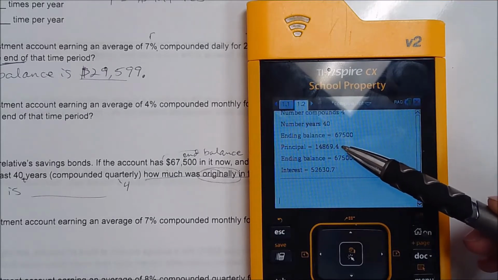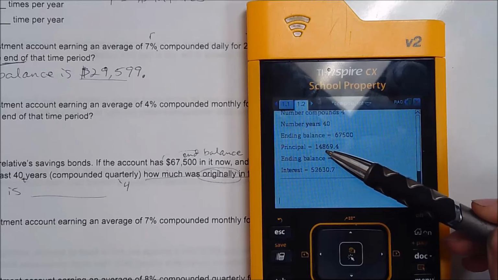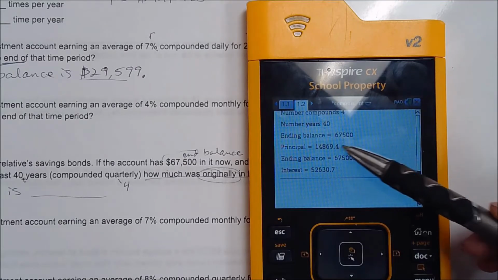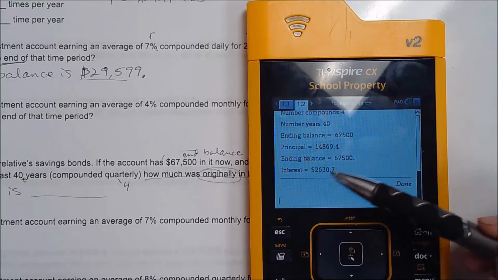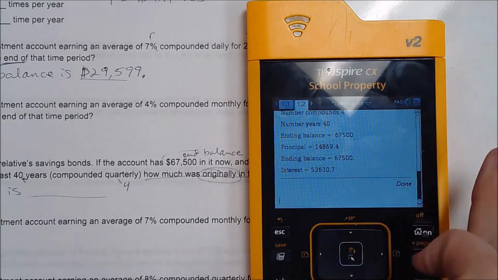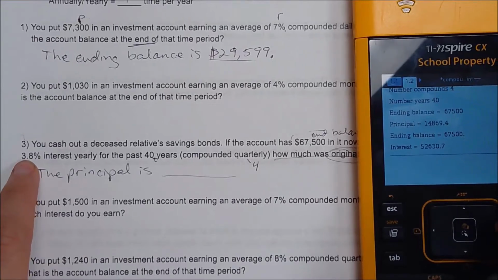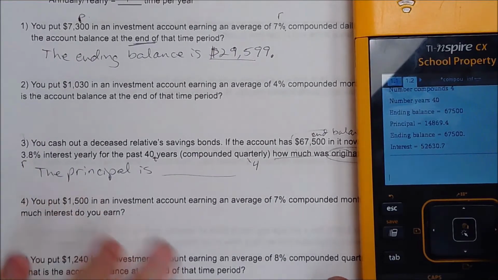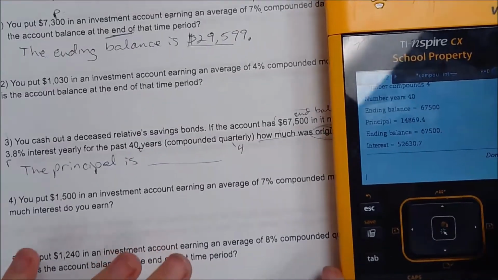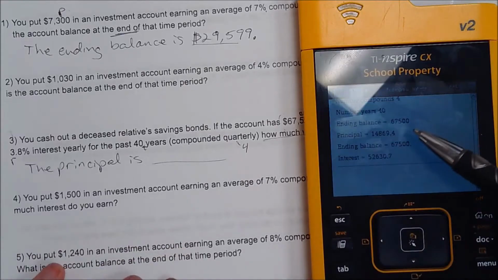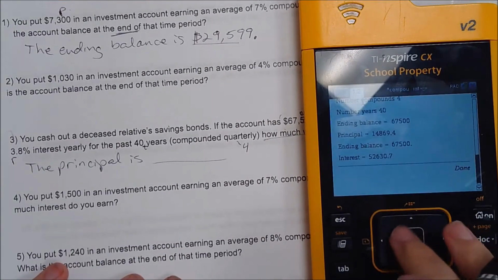So originally, it looks like this account had $14,869.40 in it, and it earned over $52,000 in interest over 40 years. That's an okay interest rate. It's much better than any savings account is going to give you. For an investment, you can do better. But hey, not too shabby. Somebody left this to you.